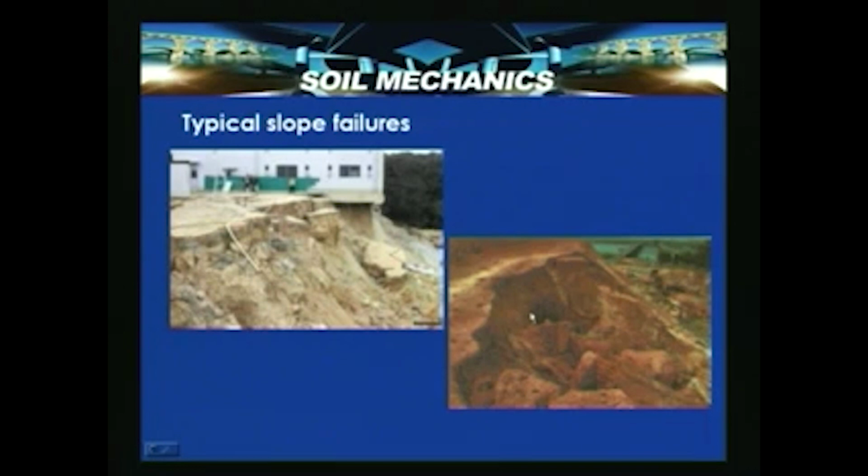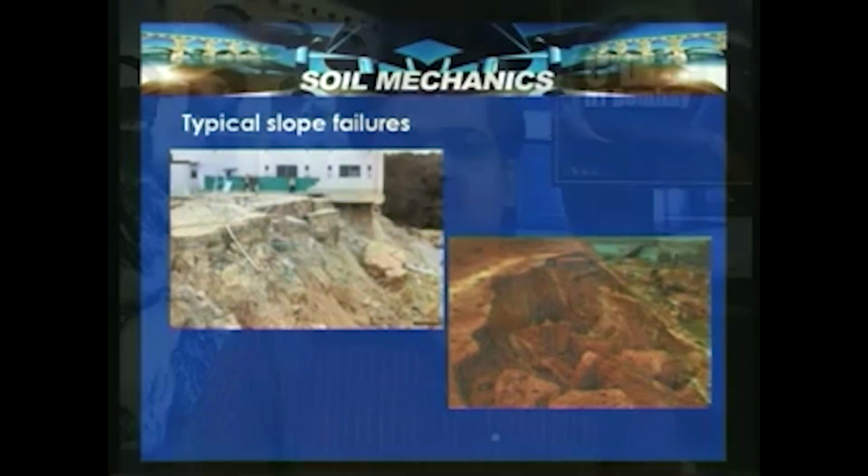Though the material is a good quality soil, it is underlain by soft clay that has induced the movement of the failure. So, though the entire soil slope contains a good soil, if it is underlain by a weak soil layer, that can induce a failure.